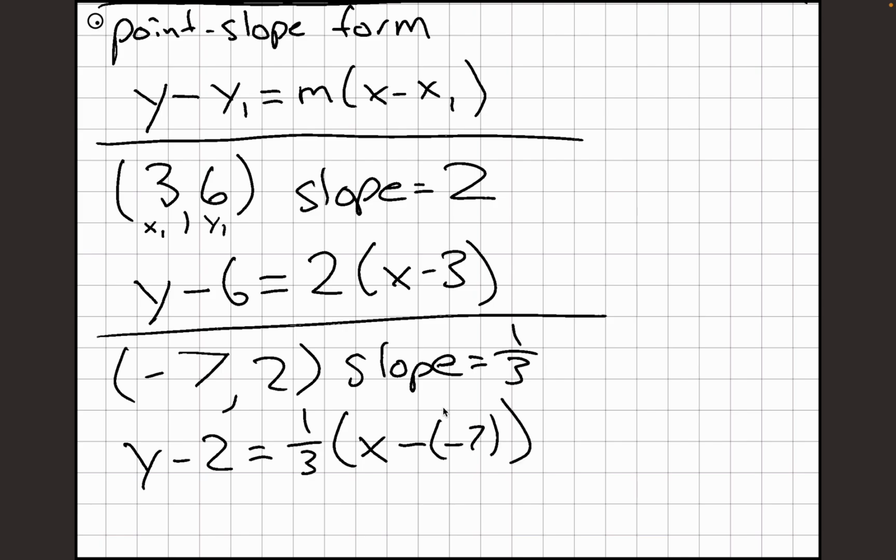Okay, and when you have this, you have to simplify. If you're plugging this into an equation, instead of minus negative 7, you have to change it to x plus 7. Okay, and then this would be your correct formula.